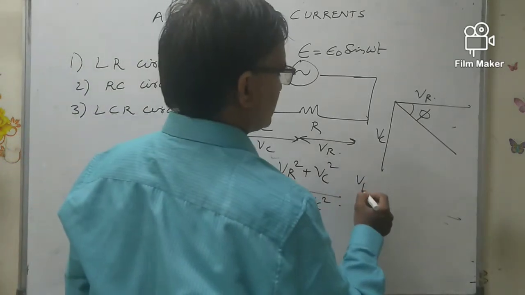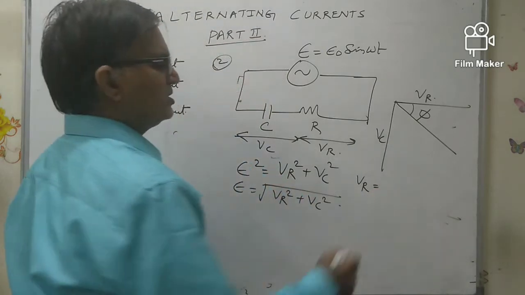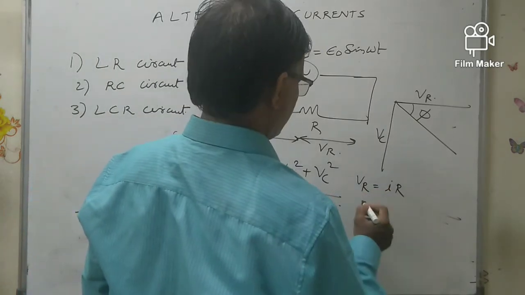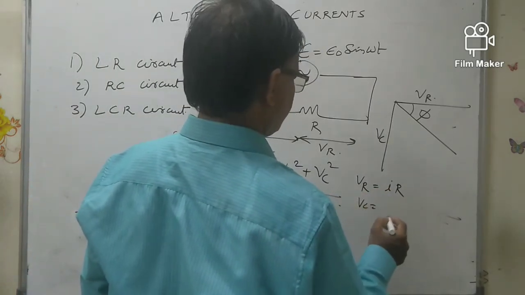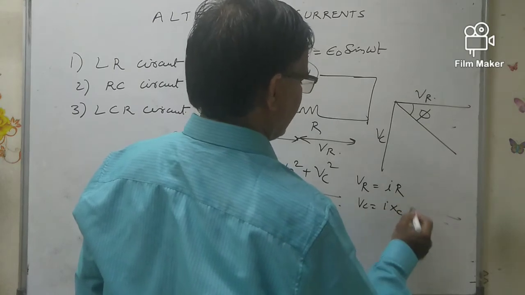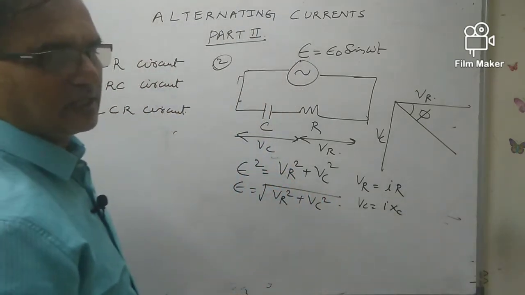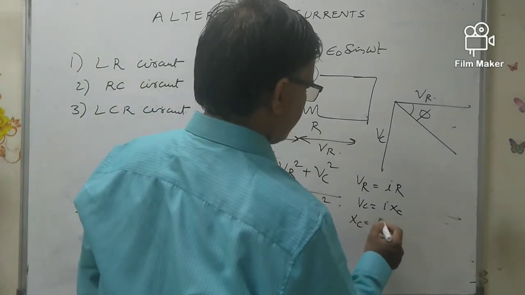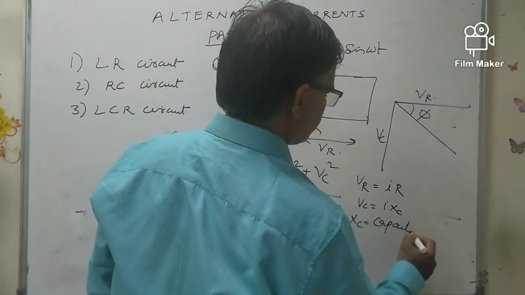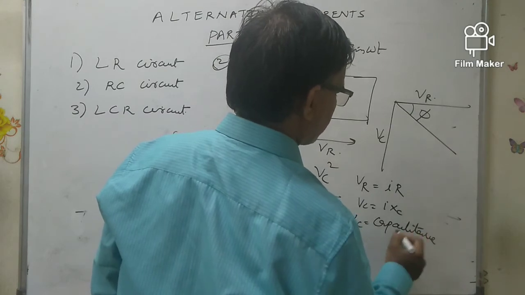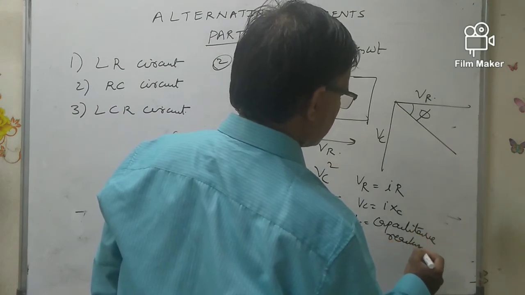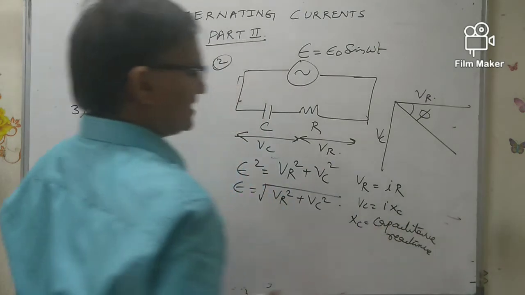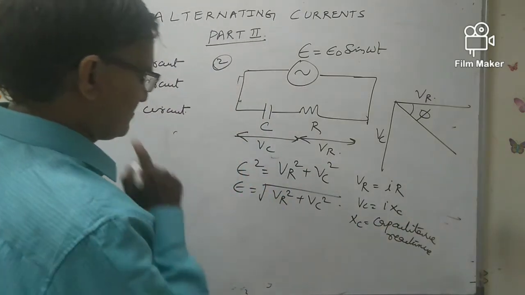Now Vr is equal to I into R, and Vc is equal to I into Xc. Xc is called capacitive reactance, the resistance of the capacitor. While capacitive reactance, for understanding purpose, you can assume to be the resistance of the capacitor.